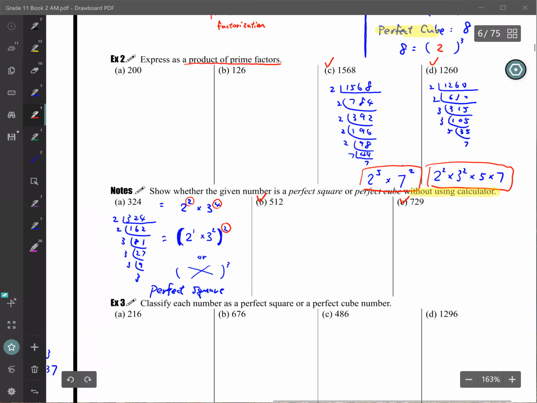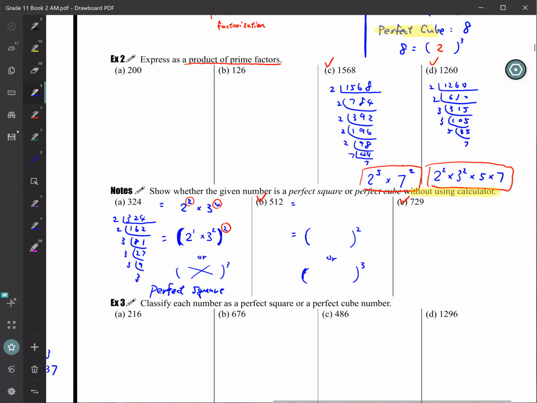First I will need to get the prime factors. Then I will need to know whether it's a perfect square or a perfect cube. So I need to know what goes inside. That way I would know, because you are not using just the calculator to square root it or cube root it. So you need to find the factors.